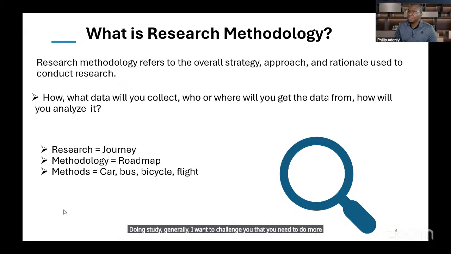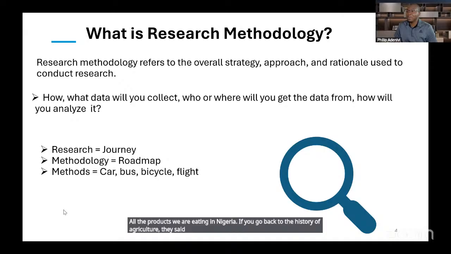Our history of agriculture is poor from an African perspective. Virtually every seed, every literature, especially from Nigeria, and probably it's applicable to other African countries too. Virtually all the products we are eating in Nigeria, if you go back to the history of agriculture, they say it's imported from somewhere, as if we didn't eat anything before those stories. Therefore, I believe those are not our history. It is a wrong history.